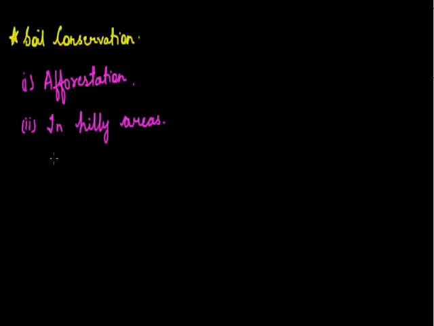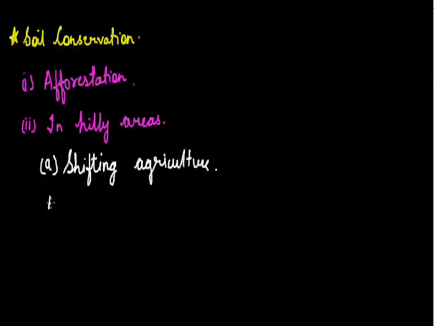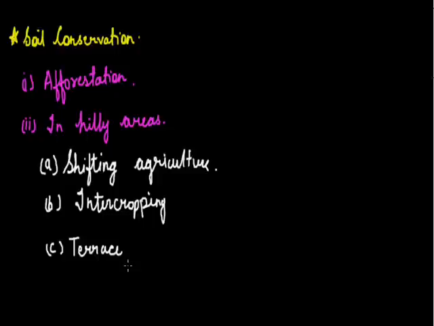the first method that can be used is shifting agriculture, that is moving farms after their usage to different areas. Intercropping is mixing different kinds of crops in one farm. It gives more hold to the soil. Terrace farming is growing crops on level steps constructed on hilly sites.